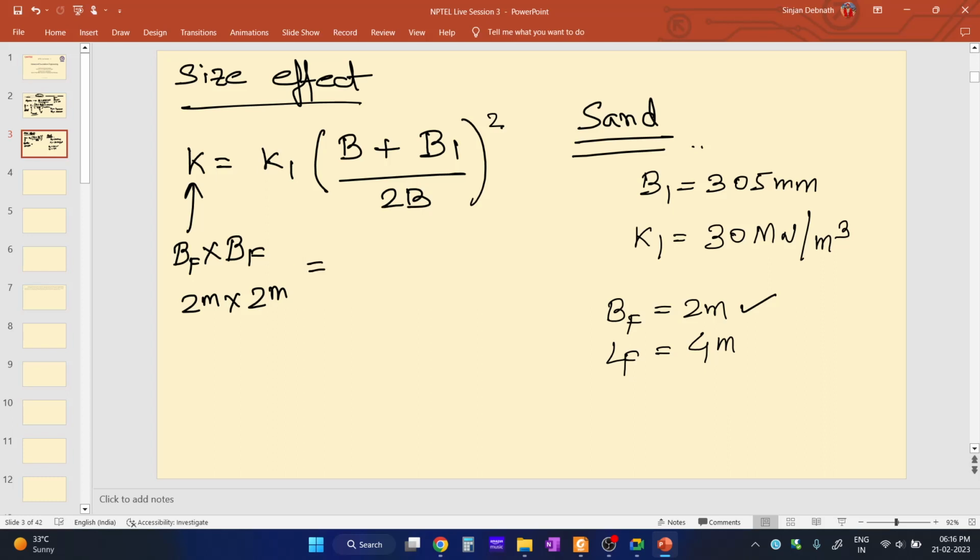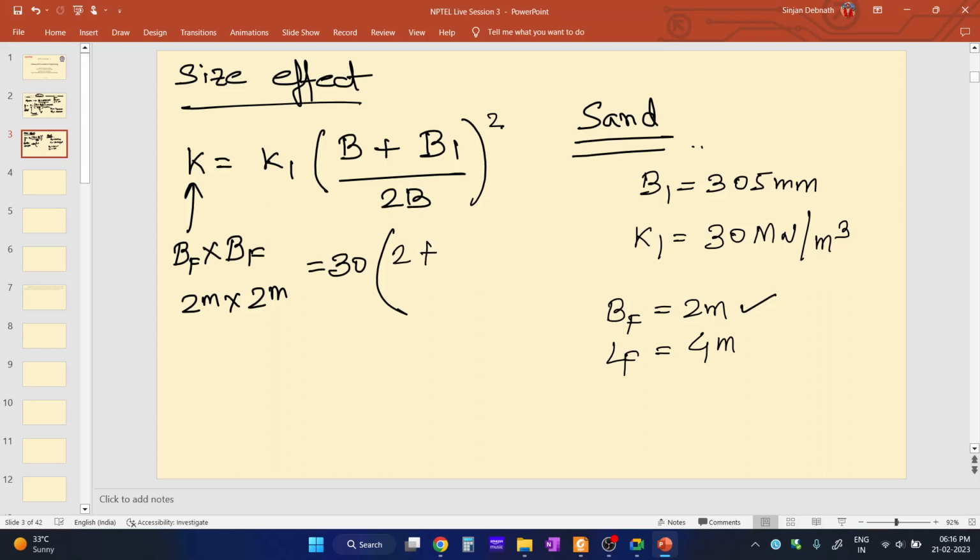What is K1? K1 is 30. What is the value of B in this case? B is the same as Bf, that is 2 meter. What is the value of B1?